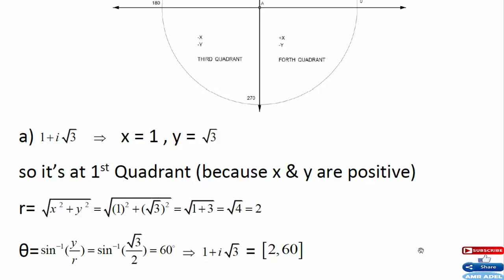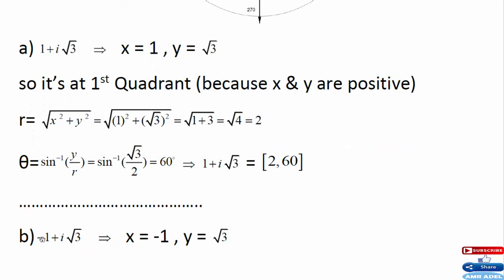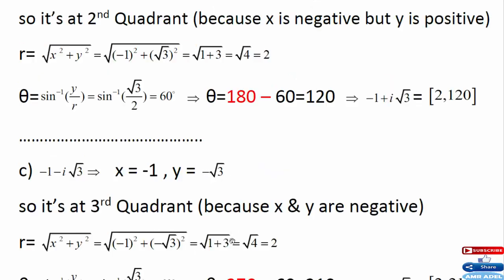Now let's go to the second case, when we have negative 1 plus I root 3. The real part is a negative value and the imaginary part is a positive value. So x equals negative 1 and y equals root 3, which is positive. It is in the second quadrant because x is negative but y is positive.